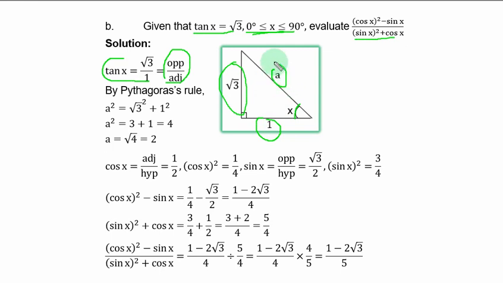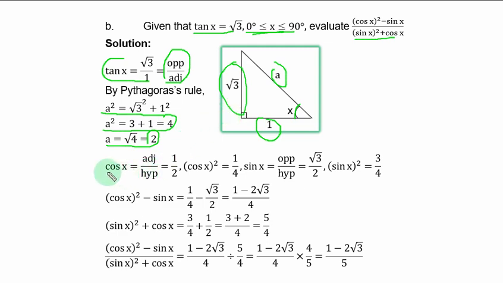By Pythagoras theorem, a squared, the longest side, is equal to the sum of squares on the other two sides, that is root 3 squared plus 1 squared. So a squared is equal to 3 plus 1, that is 4. To get a, you take the square root of both sides, and a is equal to root 4, and that is 2. So a is 2.